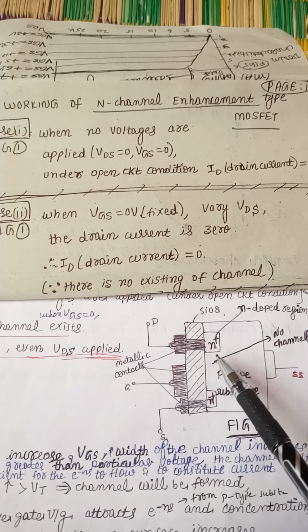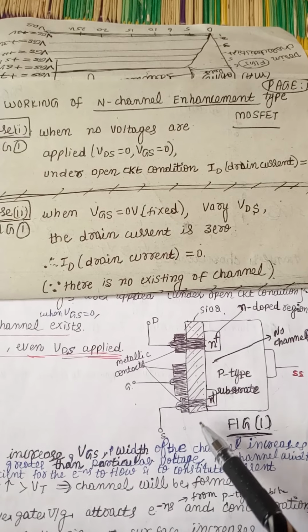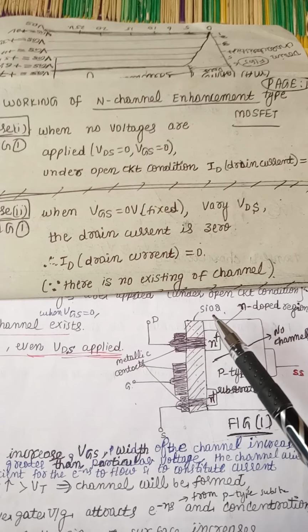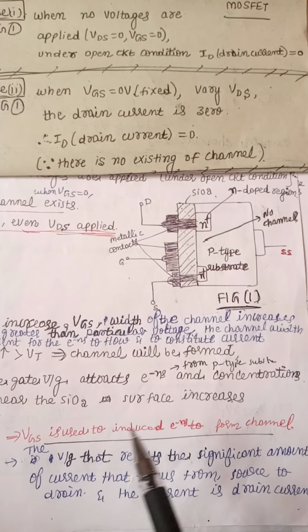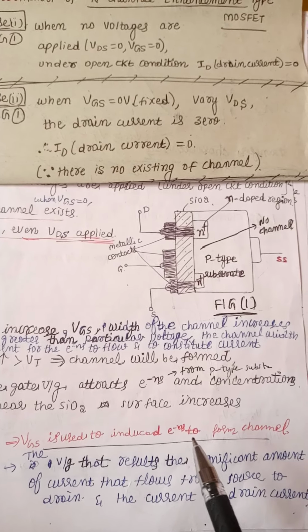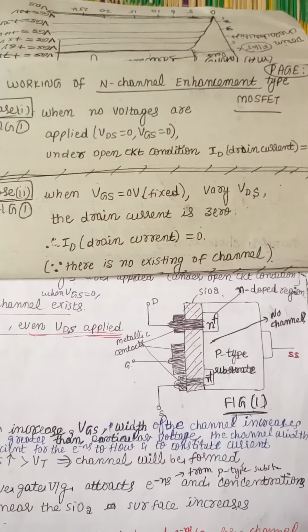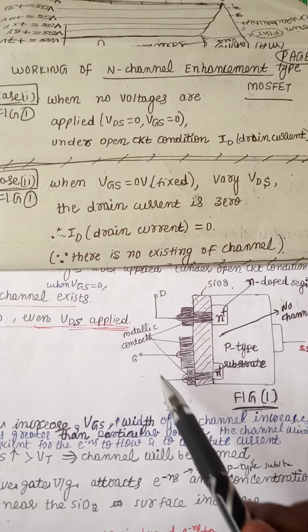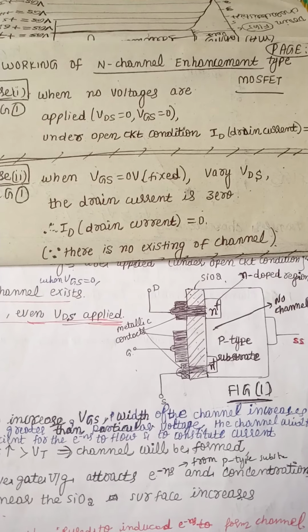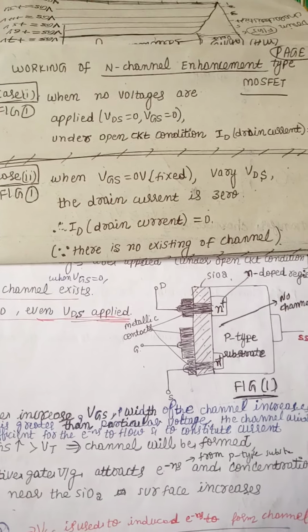Initially you have to form the channel. Then the electrons will start to move from source to drain. So here I clearly specified VGS is used to induce electrons to form the channel. Therefore, if VGS is 0 and you vary VDS, then the drain current is 0.